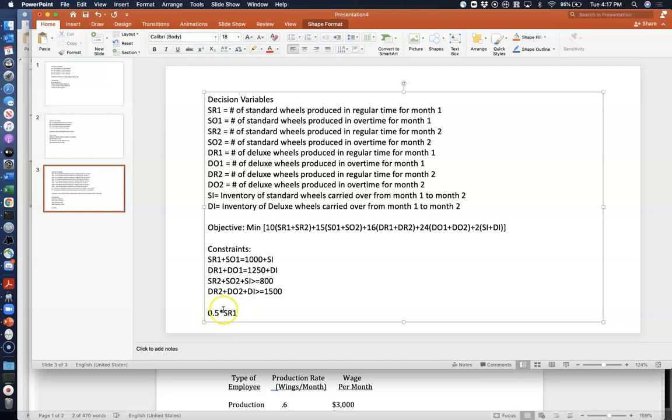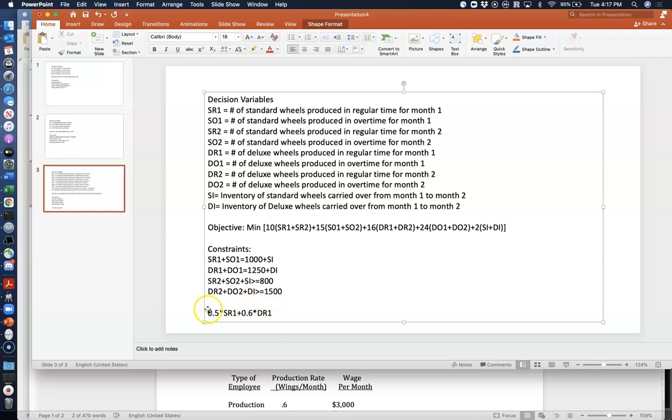This is the total number of hours required to make all the standard wheels in regular time in the first month, plus it takes 6/10 of an hour to make a deluxe wheel times the number of deluxe wheels made in regular time in the first month.